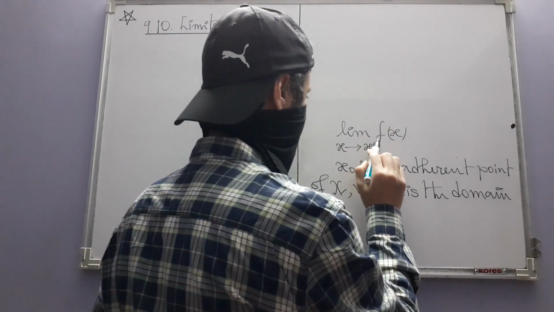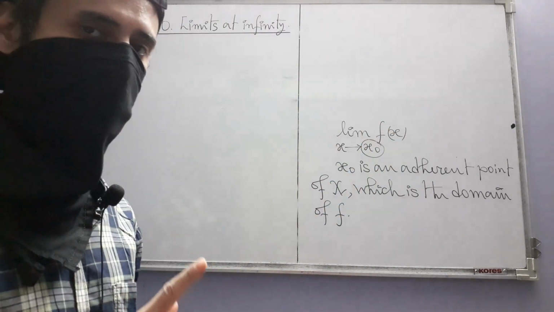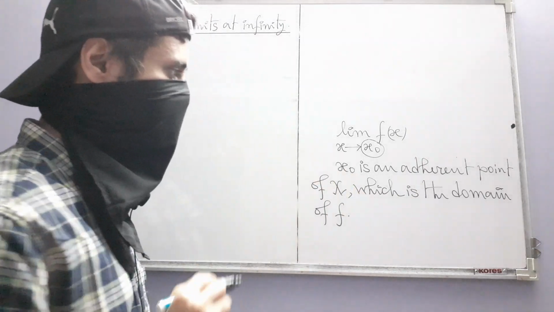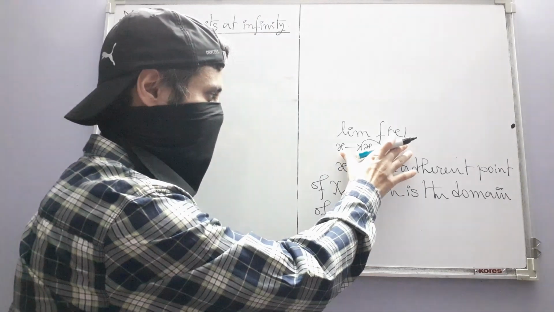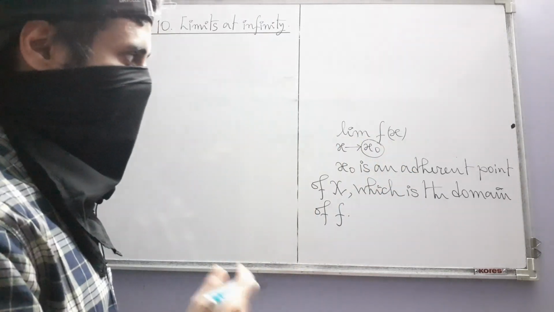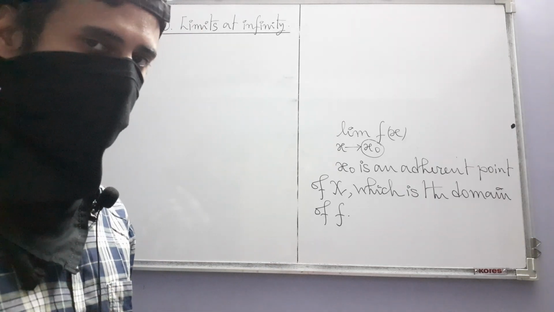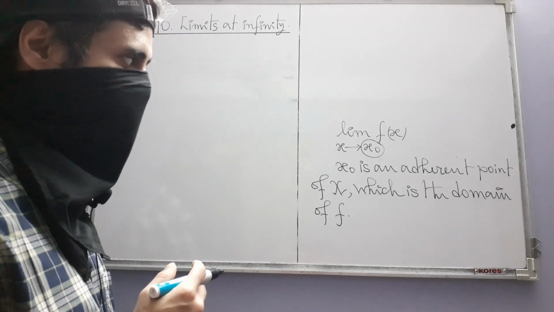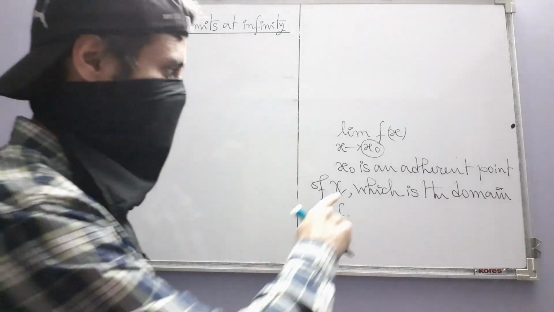Now what we are going to do, we are going to consider plus infinity and minus infinity in place of x naught. And then we are going to ask the same thing. What possible meaning can we assign to this notation, this symbol? Can we somehow meaningfully define limit in that case also, or actually in two cases?